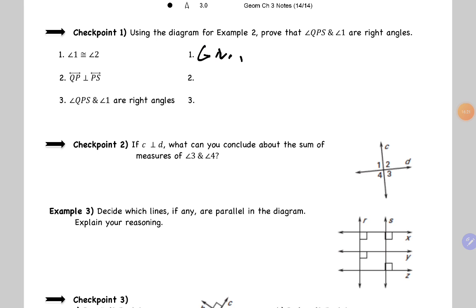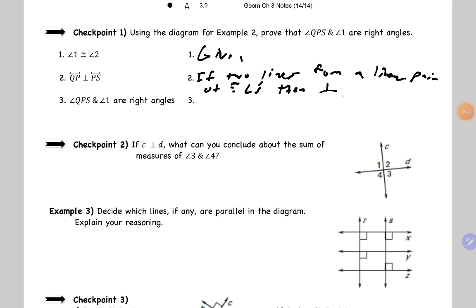QP is perpendicular to PS if 2 lines form a linear pair of congruent angles, then the lines are perpendicular. Angle QPS and angle 1 are right angles.